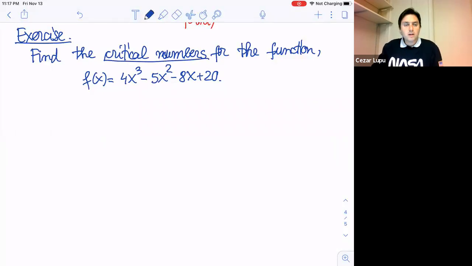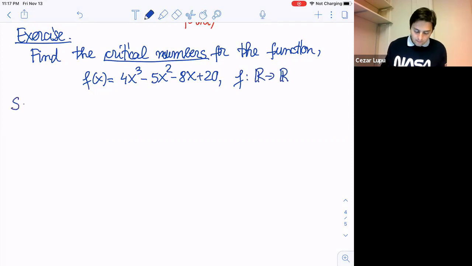As you can see, it's a polynomial function of degree 3. Well, clearly, if you look at this function, it is defined for all real values of x, right? So we can say that f is defined on R. And now let's just take the derivative.